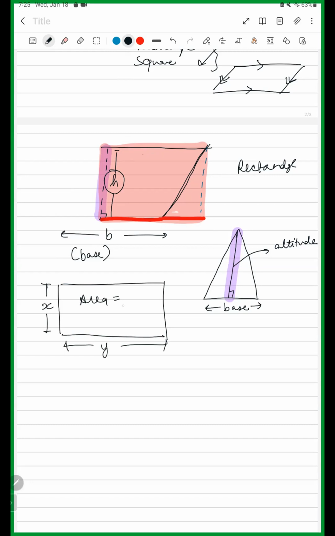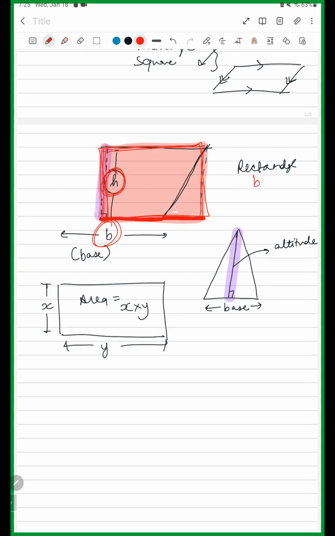So over here आपके पास एक rectangle है जिसका एक side h है और एक side b है, तो इसका area क्या हो जाएगा? h multiplied by b. Yes. या ऐसे कह लो b multiplied by h, same thing.